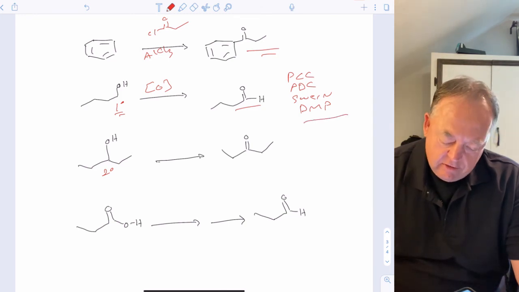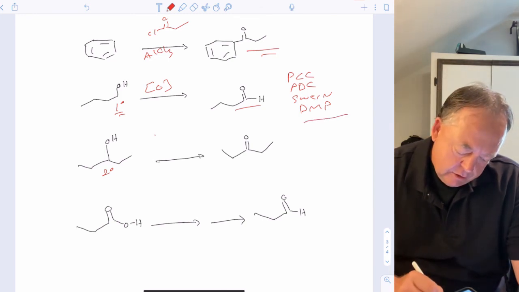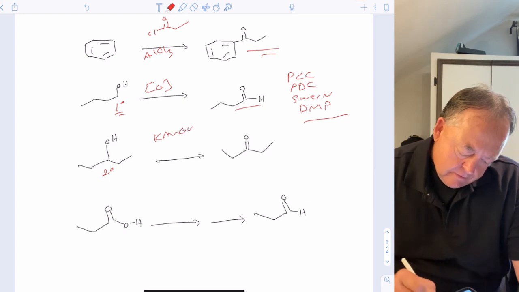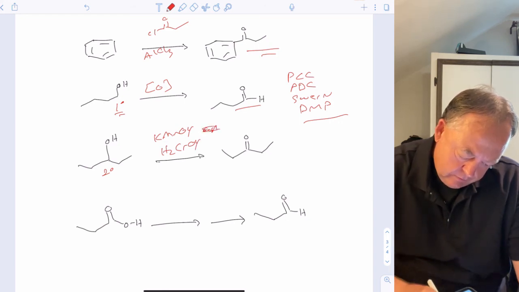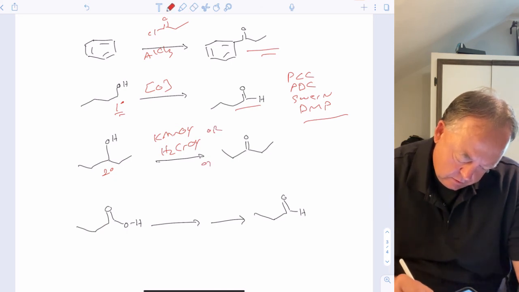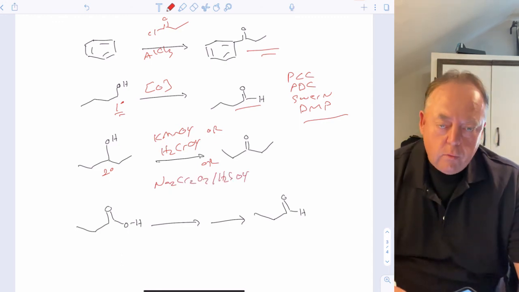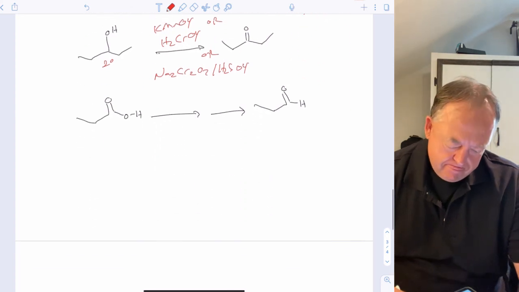You could use any of these mild oxidizing agents, or you could use some of the stronger ones, like potassium permanganate, chromic acid, or sodium dichromate would be the ones that we covered.